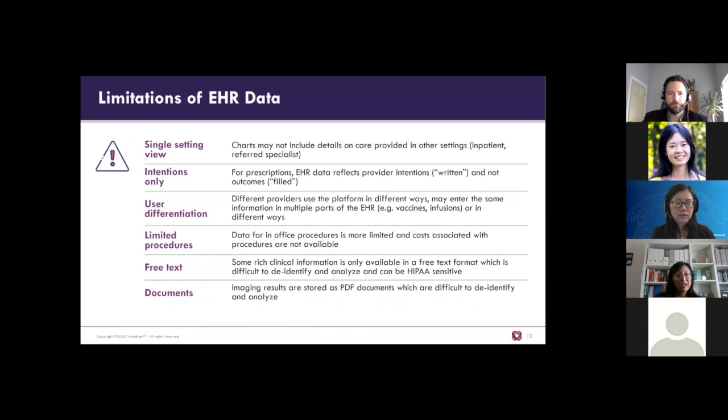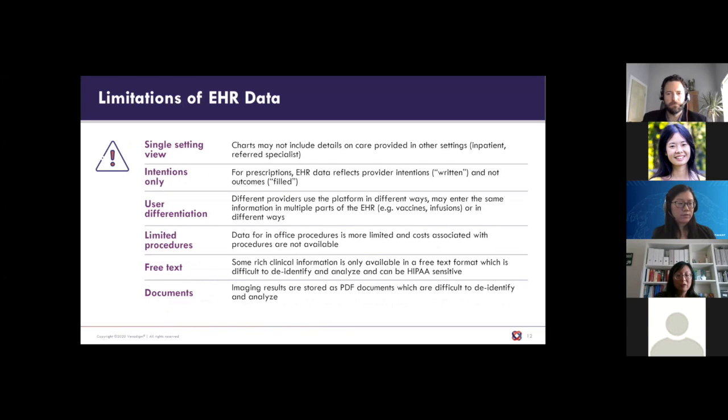So as with any source of real-world data, there are limitations when EHR data are applied to research. Until we have true interoperability, and that interoperability translates into data use rights, we're still often confined to a single setting view of the EHR data. You're seeing information where it's collected.